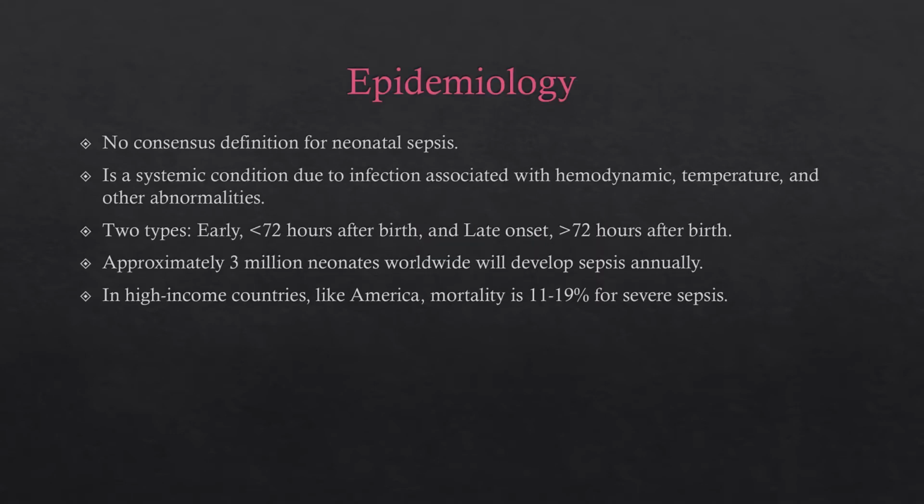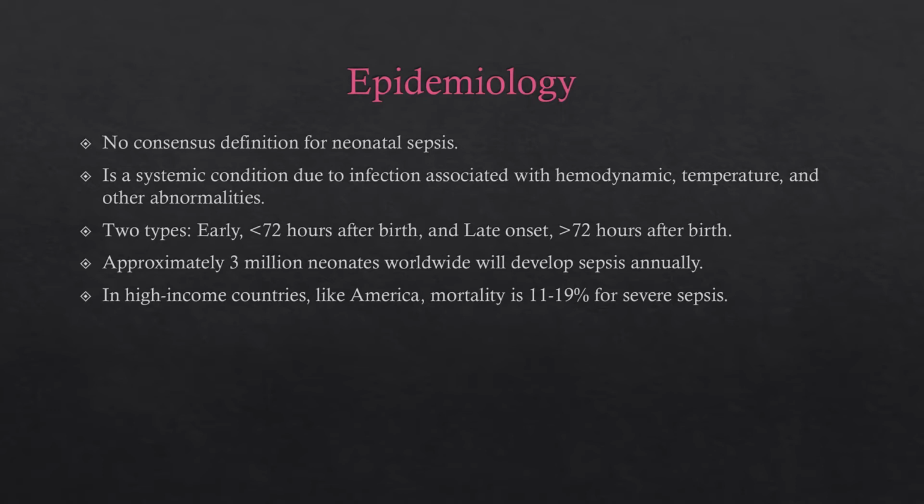So going over some general facts about neonatal sepsis, we don't have a definitive consensus definition for neonatal sepsis. We just kind of know it when we see it. It's really a systemic condition where we see multiple organs and systems showing abnormalities that can be associated with blood pressure, temperature, and other systems, as I will talk about later on.